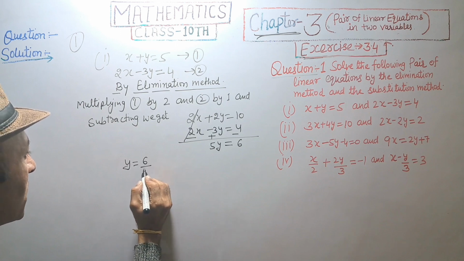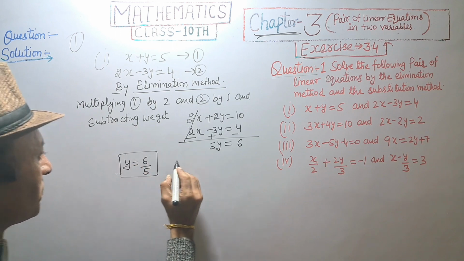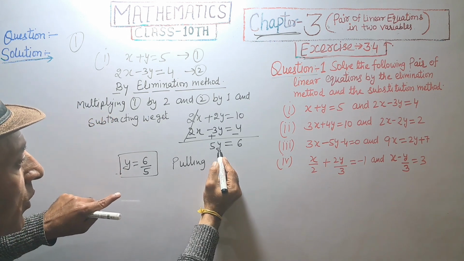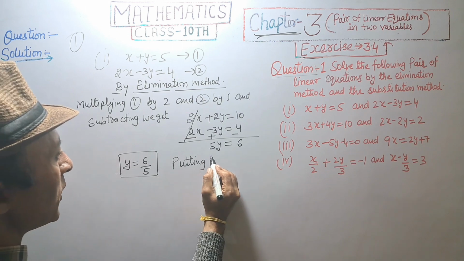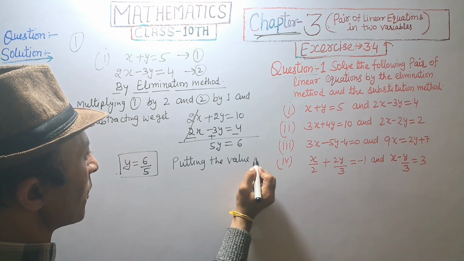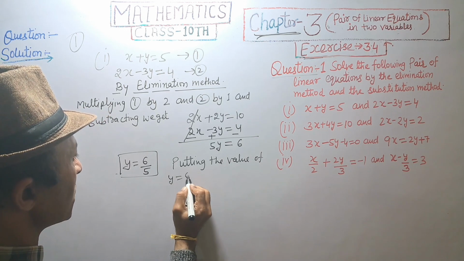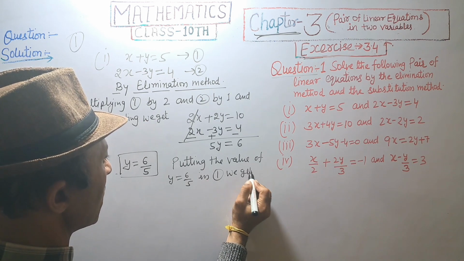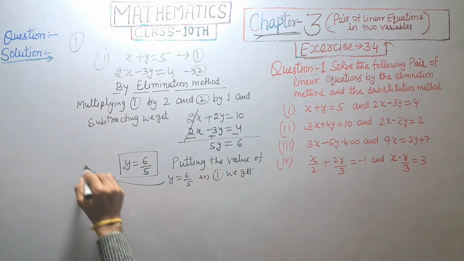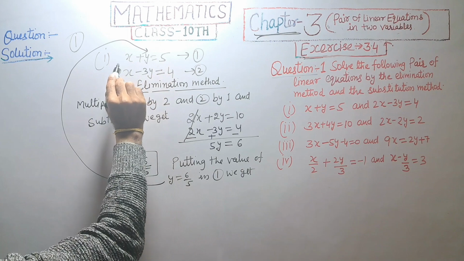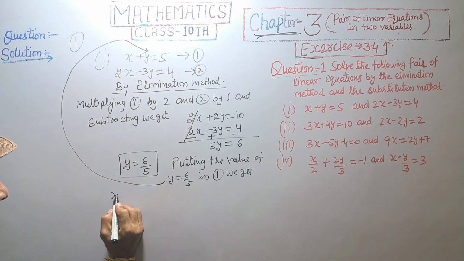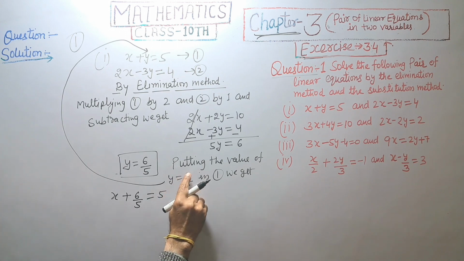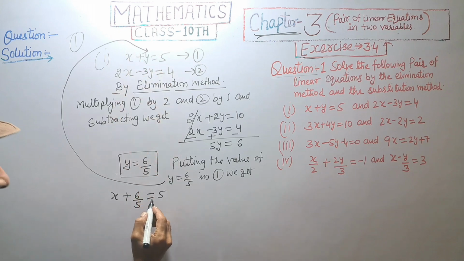y is equal to 6 upon 5. Putting the value of y is equal to 6 upon 5 in first equation, x plus y equal to 5, we get x plus 6 upon 5 is equal to 5.